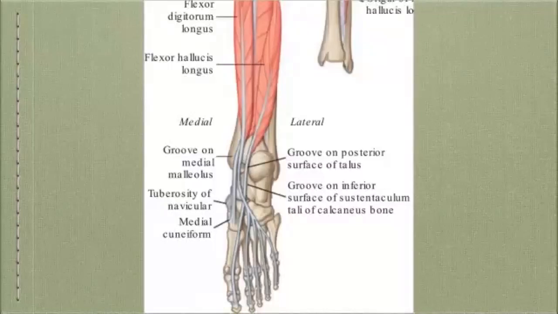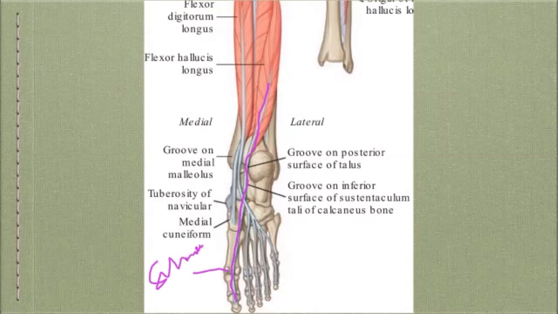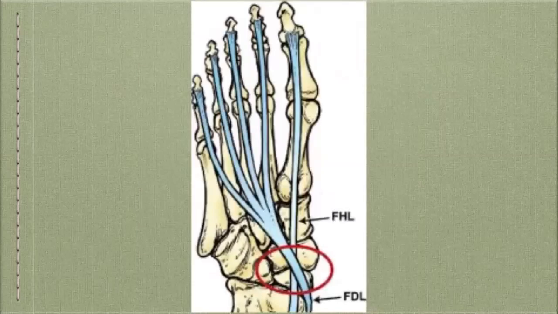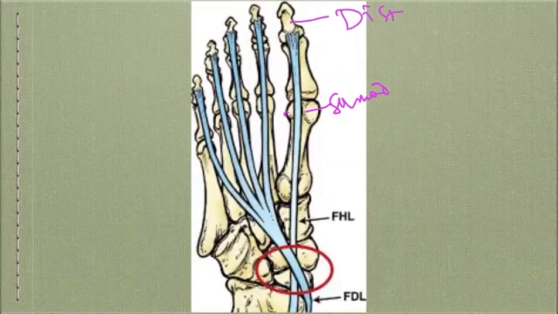You see, this is the flexor hallucis longus tendon travelling between the two sesamoid bones to reach the distal phalanx of the great toe, right.